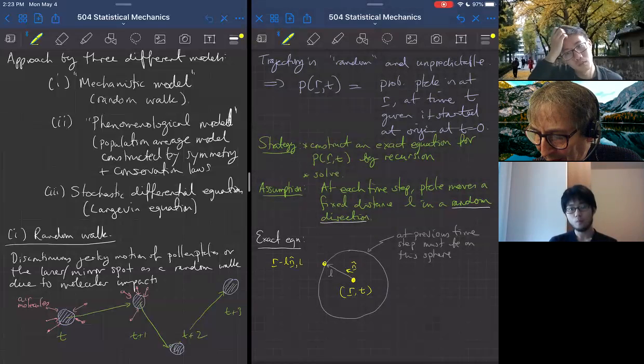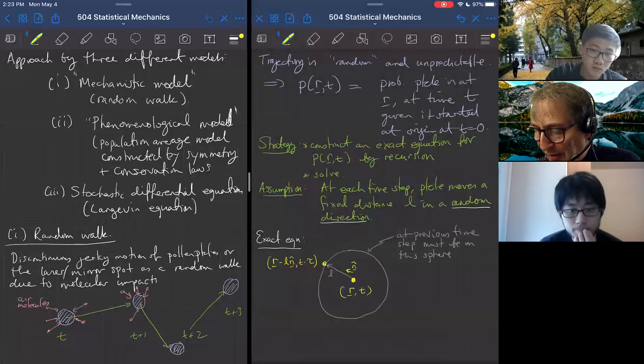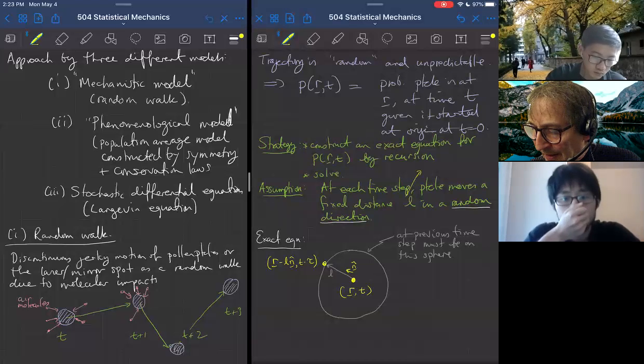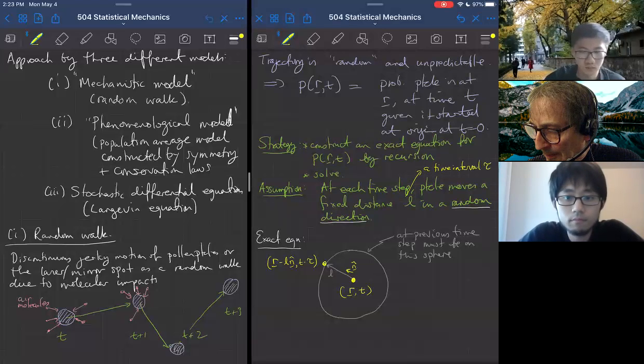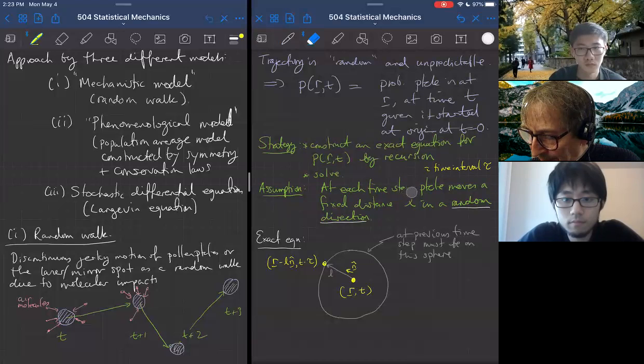And that would be at the time t minus tau. When we talk about the time steps, we're saying each time step occurs after a time interval tau. I'm going to erase this and do it again.